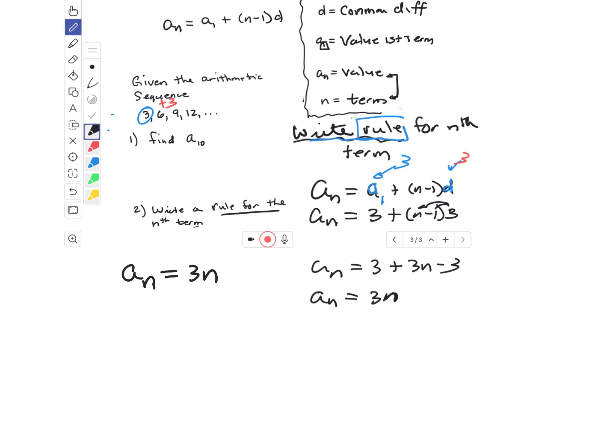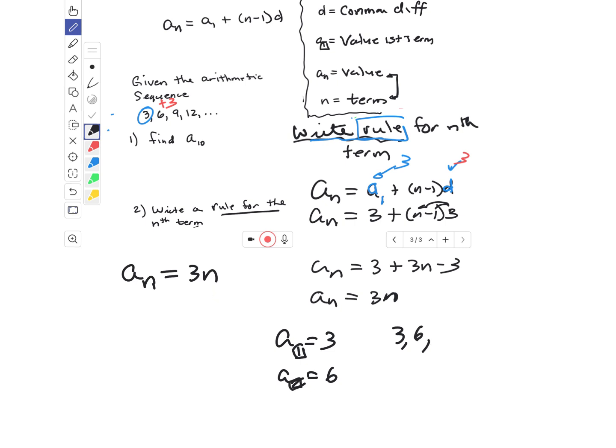If you plug in 1 for n, that would be 3 times 1, and that would give you that the first term is 3. If you plugged in 2 for n, that would give you 3 times 2, which is 6. Notice how we got 3 for the first term, and when we plugged in 2, we got 6 for the second term.